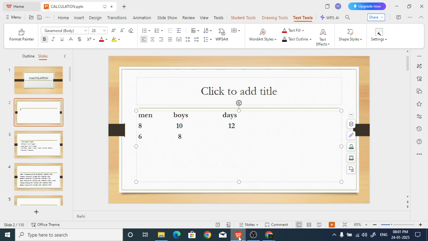How do we do it? Let us say one man will take m days to complete the work, and one boy will take b days.